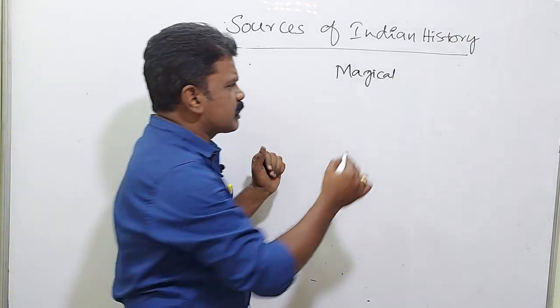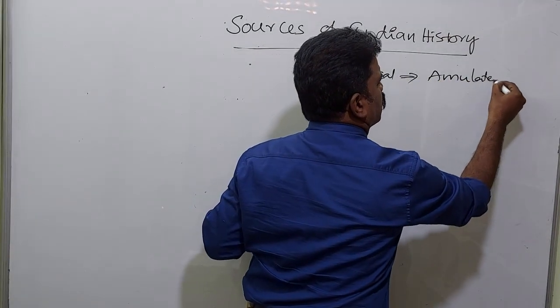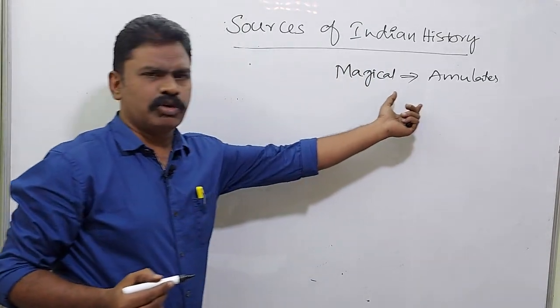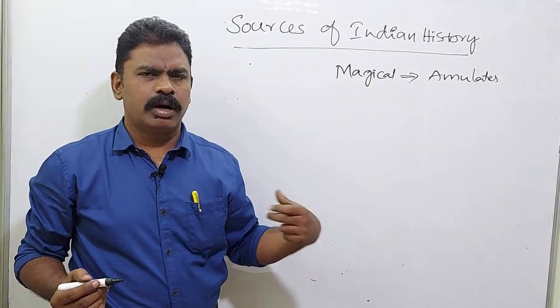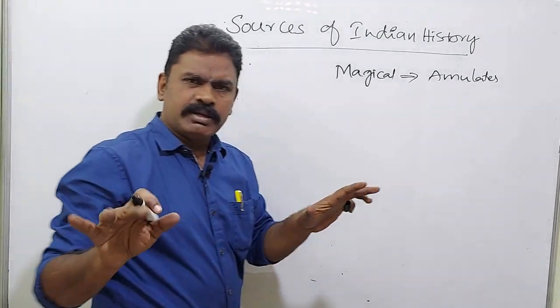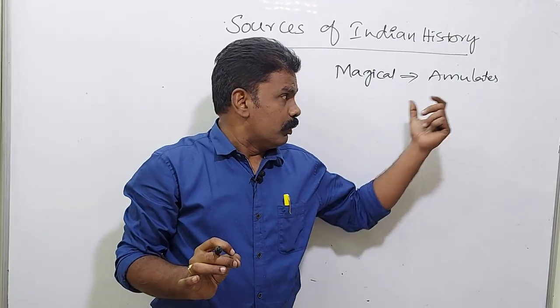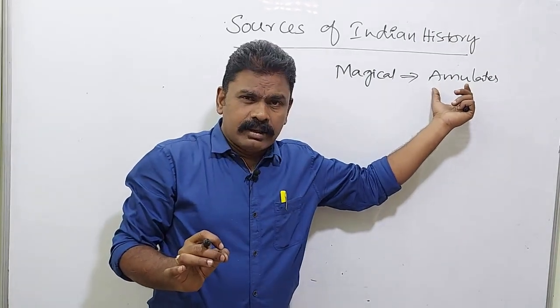Mostly these magical inscriptions are amulets. On that amulet, they used to take one copper plate and write on the copper plate, that we can also call an inscription.